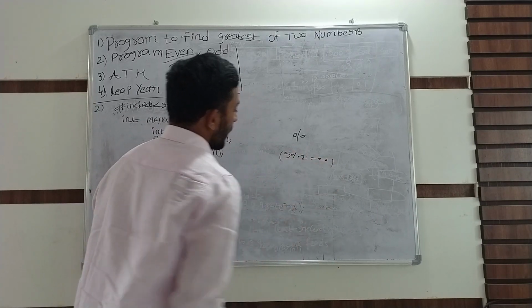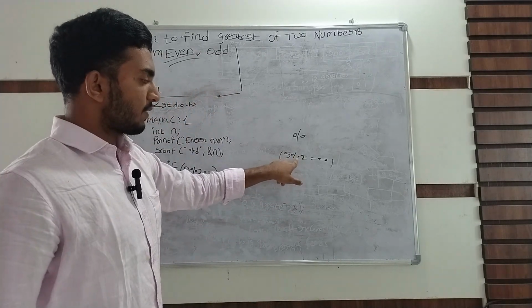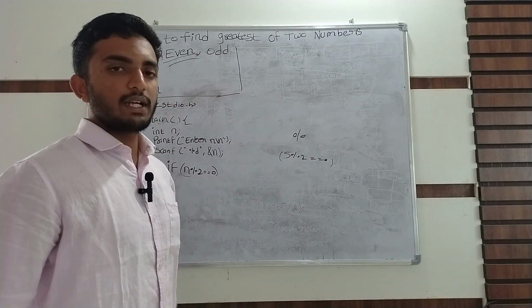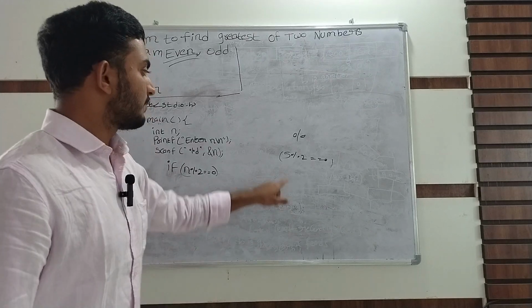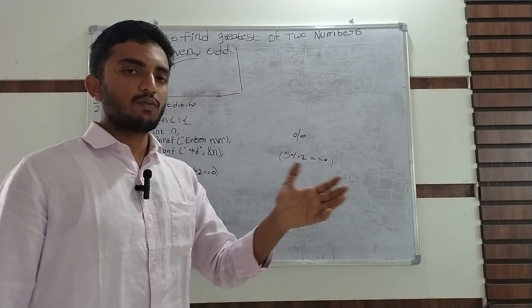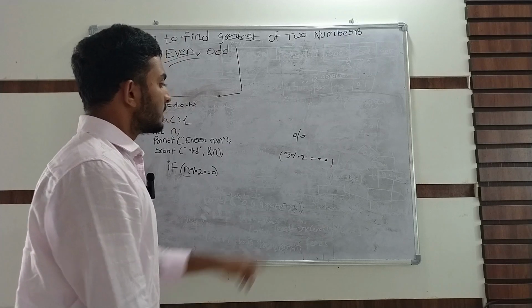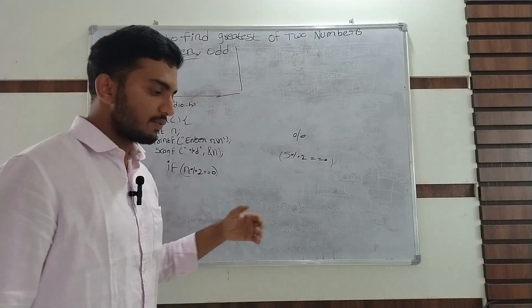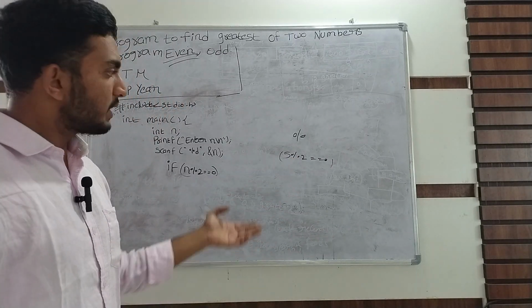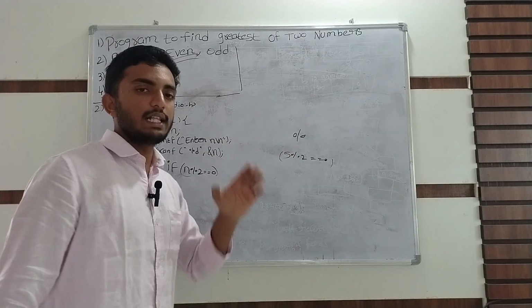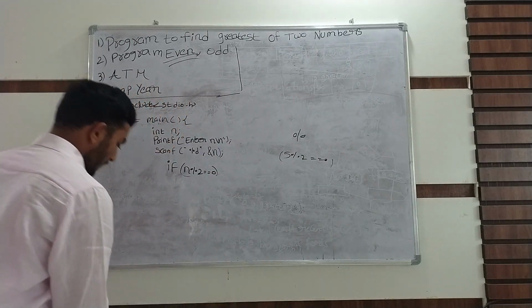Our input is 5. If 5 modulus of 2, what is the remainder? 1 will be the remainder. 1 double equals to 0? 1 is not equal to 0. That's why this condition becomes false, and it goes to the else block.